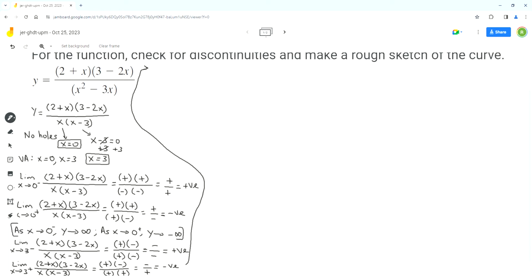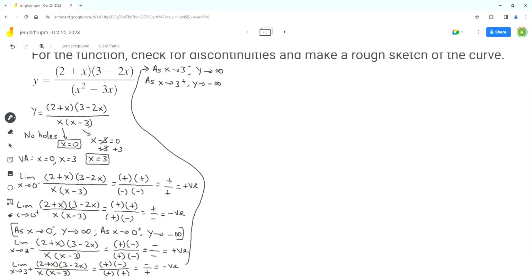As x approaches 3 from the left side, y approaches positive infinity, and as x approaches 3 from the right side, y approaches negative infinity. So now we are done with the analysis for vertical asymptotes.